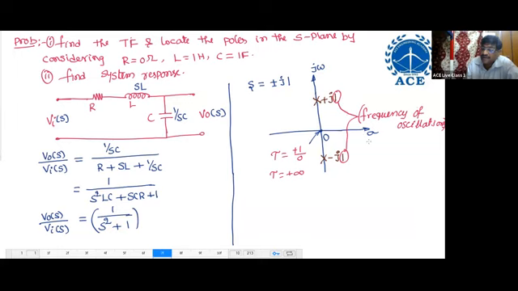That means omega n equal to 1 radian per second. So the real part gives the time constant, and the imaginary part gives the frequency of oscillation.